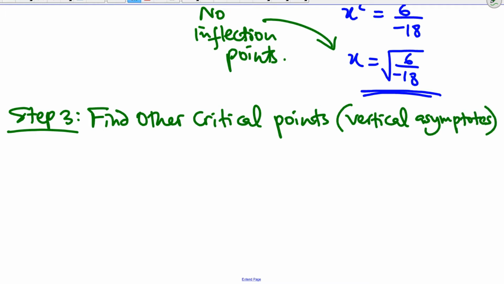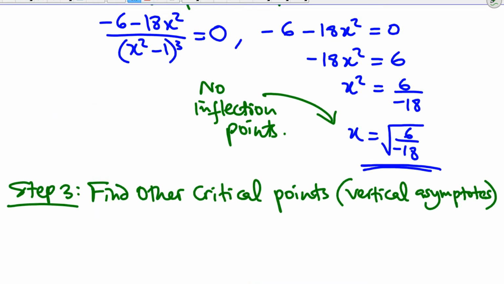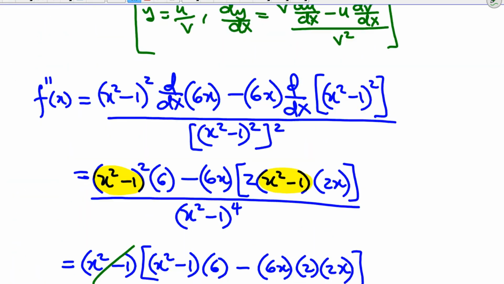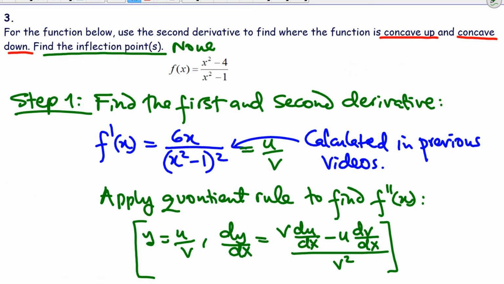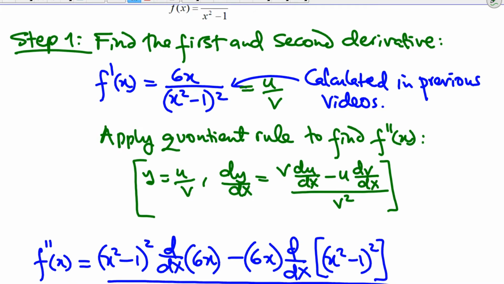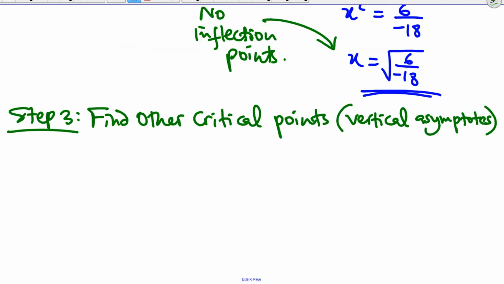So the vertical asymptotes can be found by just equating the denominator to 0. So if we equate the denominator to 0, we'll have x squared minus 1 equals 0.